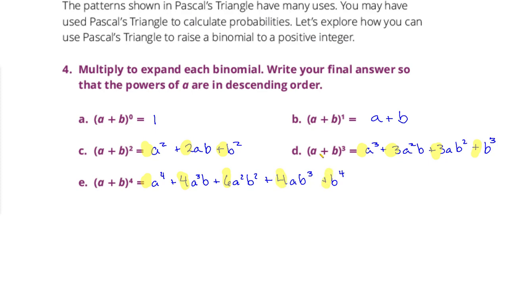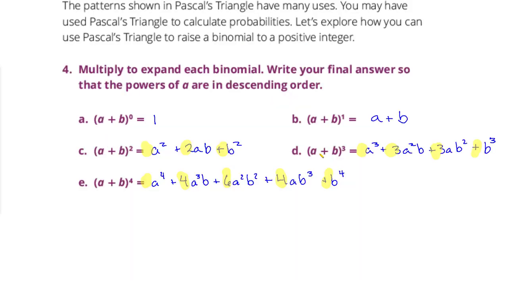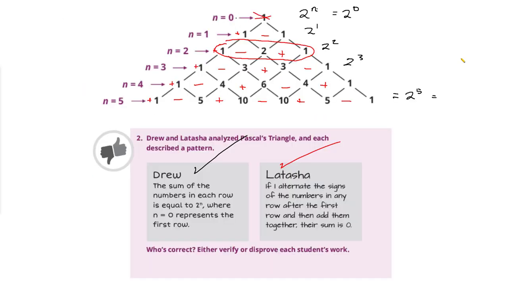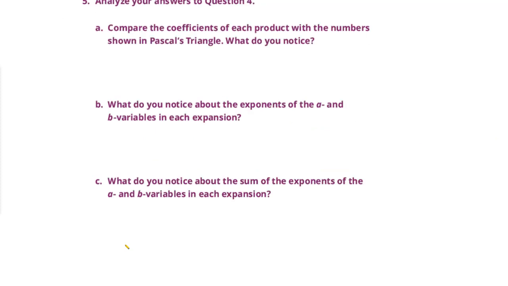If I look at my n equals 4 row, the numbers are 1, 4, 6, 4, 1. I look at my n equals 3 row, it is 1, 3, 3, 1. So my coefficients follow Pascal's triangle. That's how you're going to answer A.